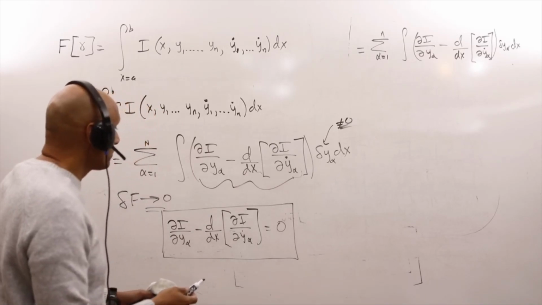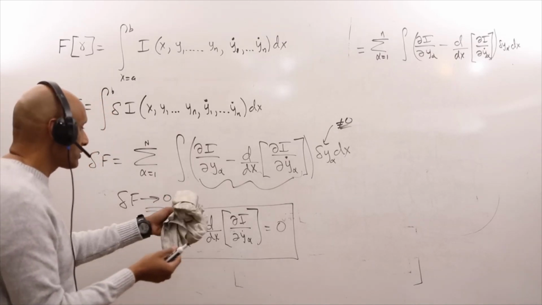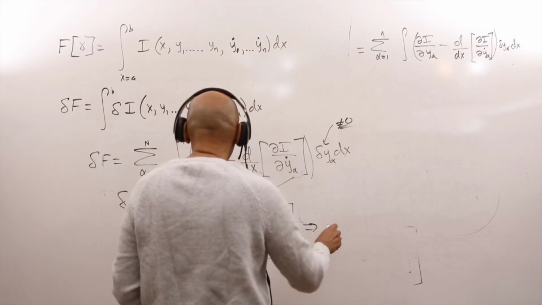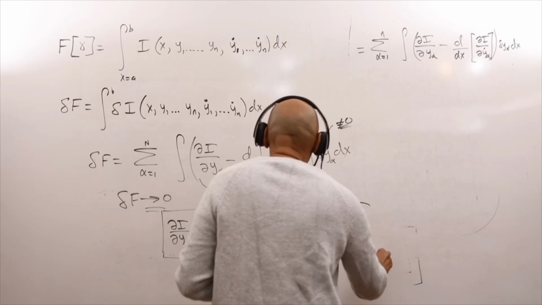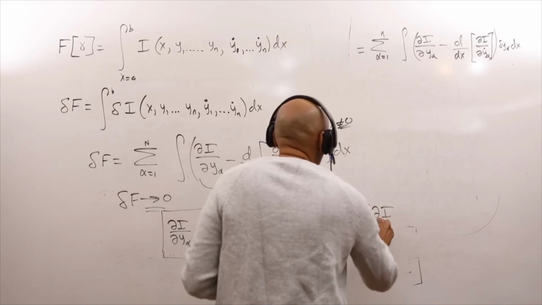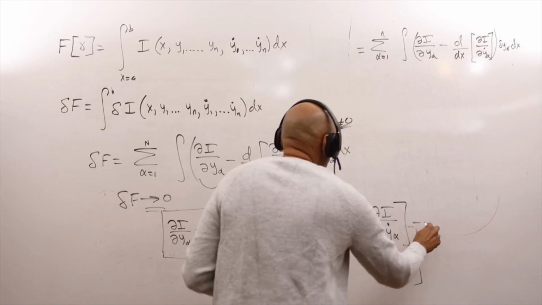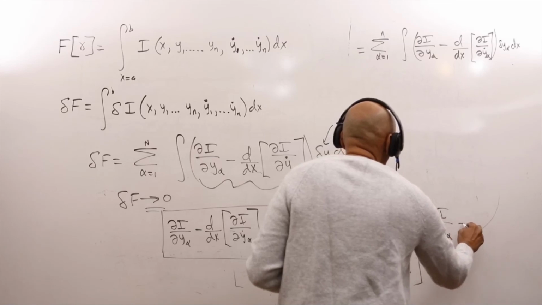The Lagrange Euler equations are the same idea if you had an action functional. We can rewrite this equation in a form that a physicist would probably understand better, which is d/dx of the partial of I with respect to y dot alpha minus the partial of I with respect to y alpha is equal to 0.